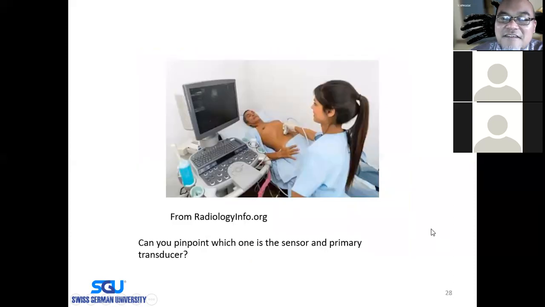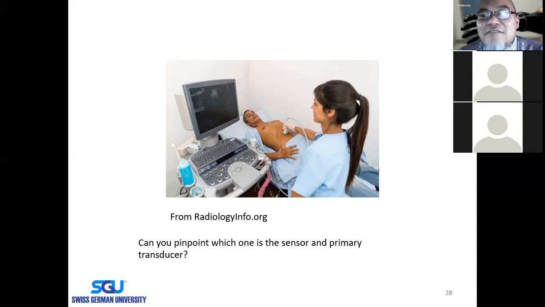Okay. What about this one? Can you pinpoint which one is the sensor and primary transducer? Who else? Angel, long time no see. Can you pinpoint? Hello, sir. The sensor is in the white thing that she's holding.